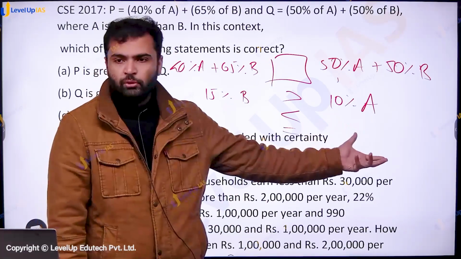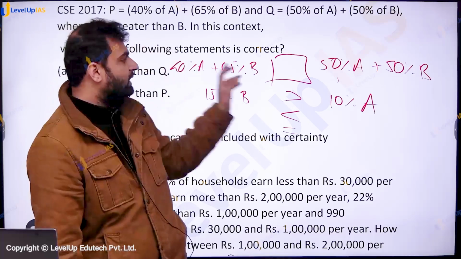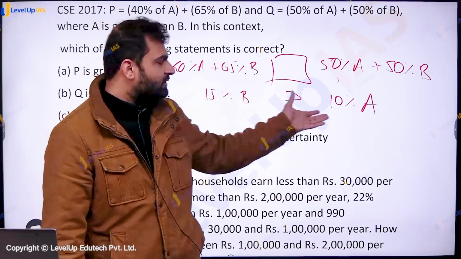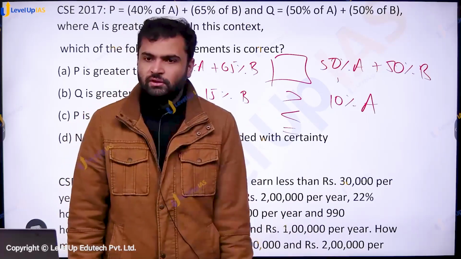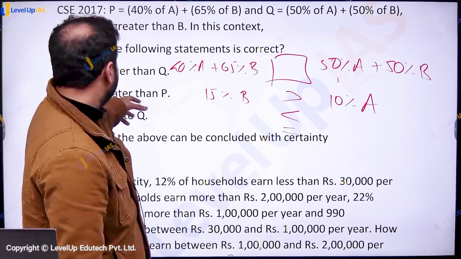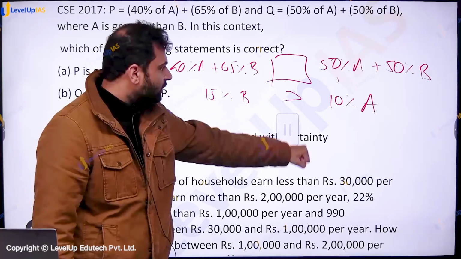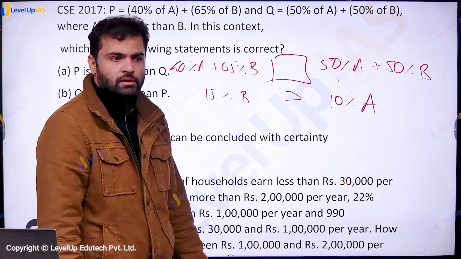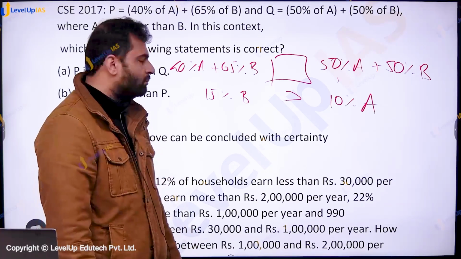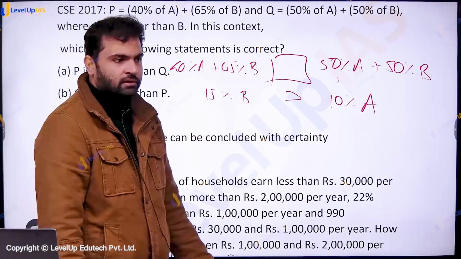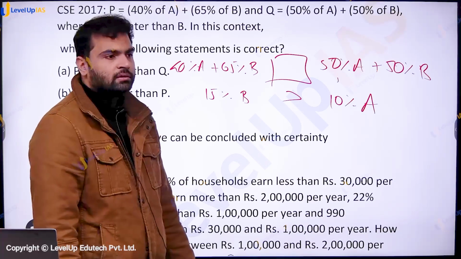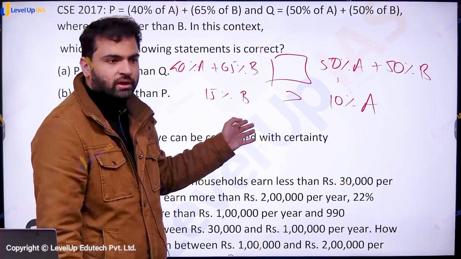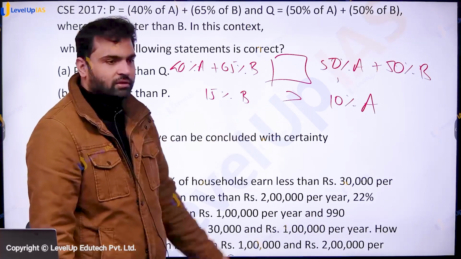What inequality should I put if they have given me that A is greater than B? But does that mean that 15% of B is greater than or less than 10% of A? You guys are saying P is greater than Q, no? A. In that case, this is what you are saying. 15% B is always greater than 10% of A. So if I put B as 10 and A as 100, कोई बोल नहीं सकता. 15% of 10 would be 1.5. 10% of 100 would be 10.